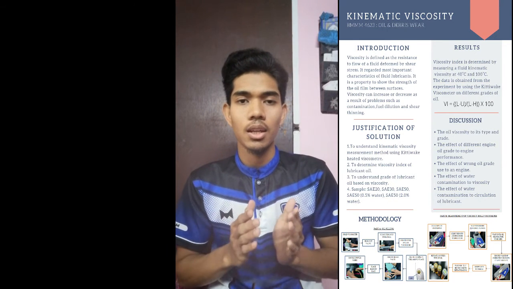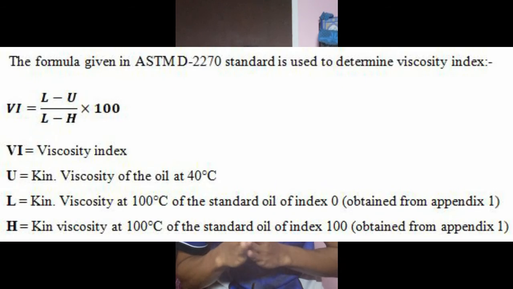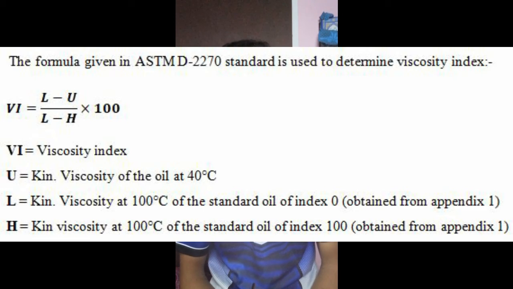The viscosity index formula is given by VI equals L minus U, divided by L minus H, multiplied by 100.